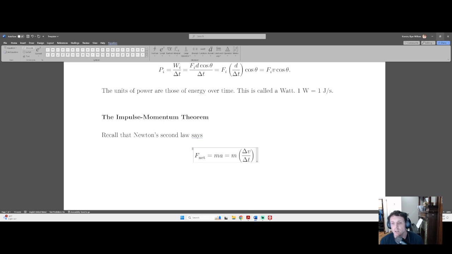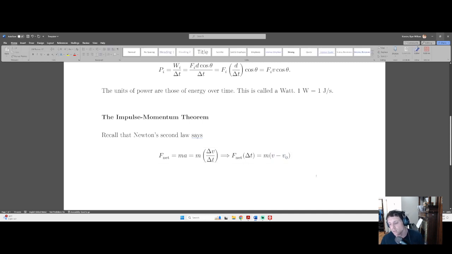All right, so what we can do is rearrange this a little bit. I'm going to multiply both sides by delta t. So on the left-hand side, we have F net times delta t. And on the right-hand side, I'm going to write this delta v as v final minus v initial.